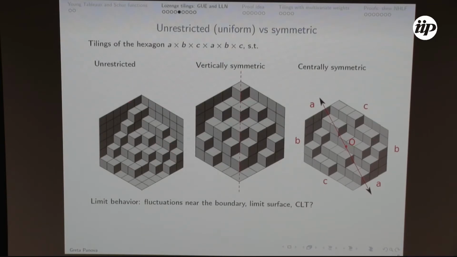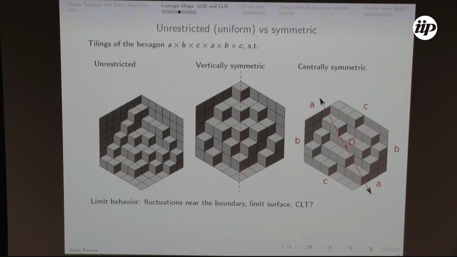As long as we fix the domain, the uniform distribution gives equal probability to every tiling, but one can also do another version where you impose some global symmetry of the tiling. For example, we can only pick uniformly at random from tilings which are vertically symmetrical about this axis.